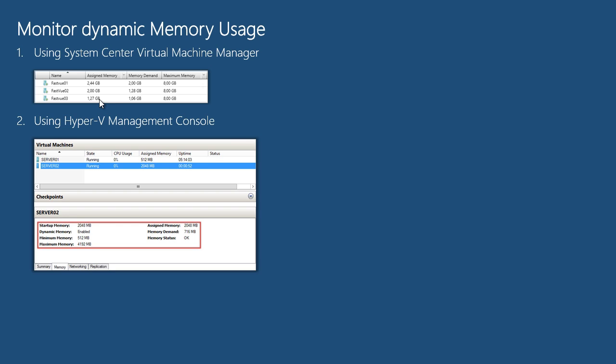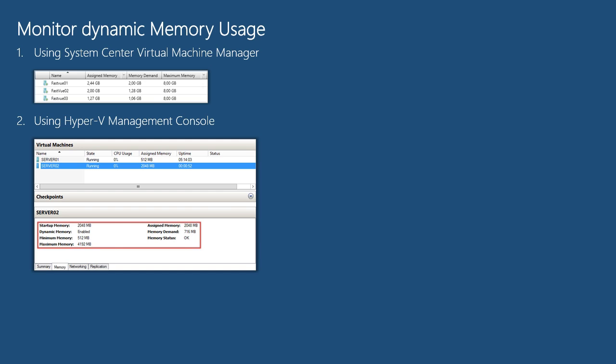The SCVMM view is great because it is complete and provides you with the total picture. It does, however, lag a little behind. So the best place for more live statistics is the Hyper-V Management Console. Here you can see the Hyper-V Management Console. It provides a simple and convenient real-time view of the RAM assignment.